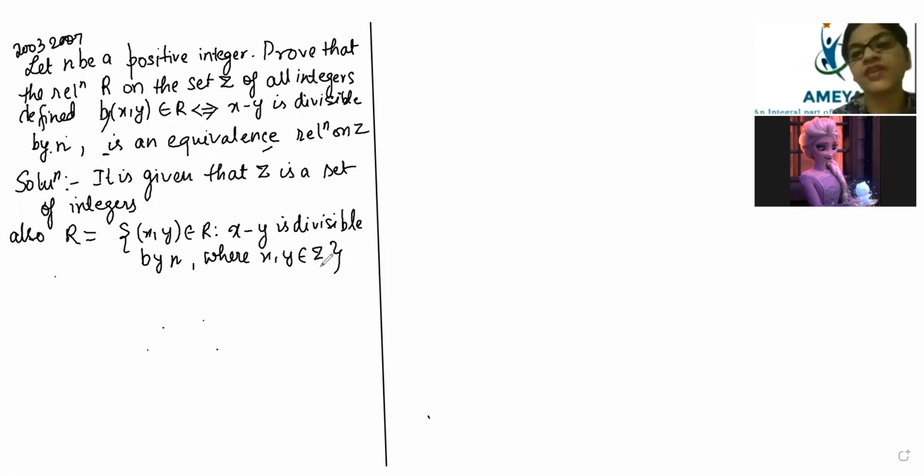So beta, what we have done is explained in the relation itself the entire content, that x minus y is divisible by n, where x, y belong to integers.